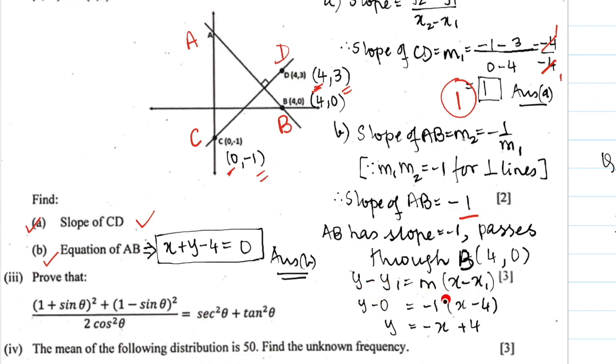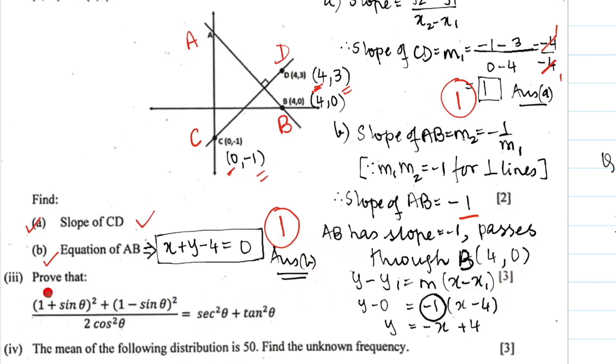So y minus 0 is equal to m, means minus 1 here, and x minus this 4, and that will give us our equation as x plus y minus 4 equal to 0. So that gives us our second mark, to get all these correct and to get this.